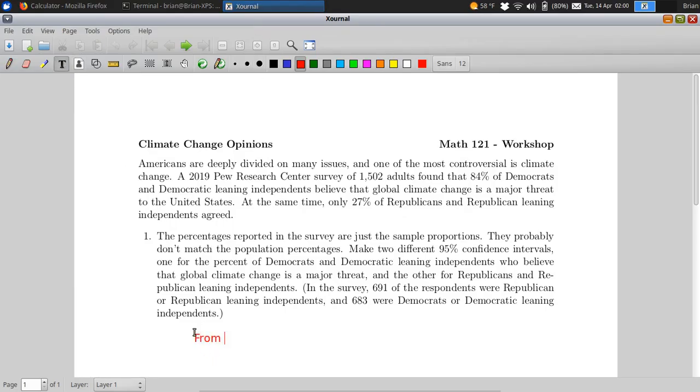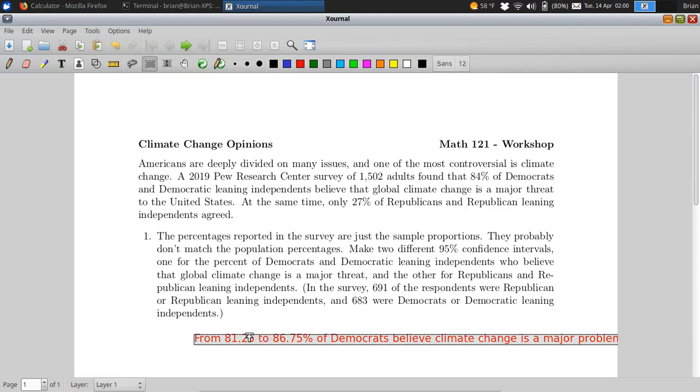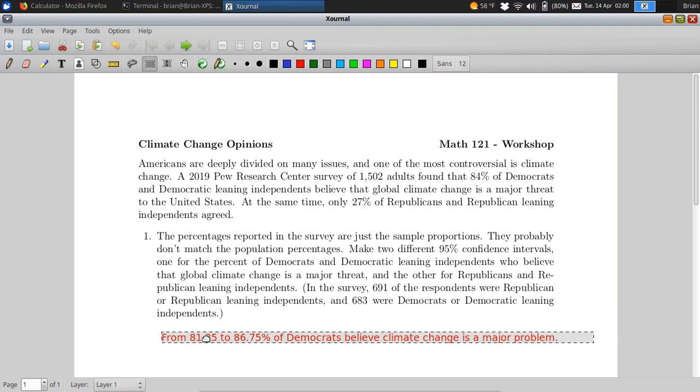So from 81.25 to, and then if I added it, I guess it would be 86.75, and then these are both percent, so percent of Democrats believe climate change is a major problem, period. Excellent. And I'm a little perfectionist, so I'm going to move that so it actually fits on the page. Okay, excellent. So there we go.